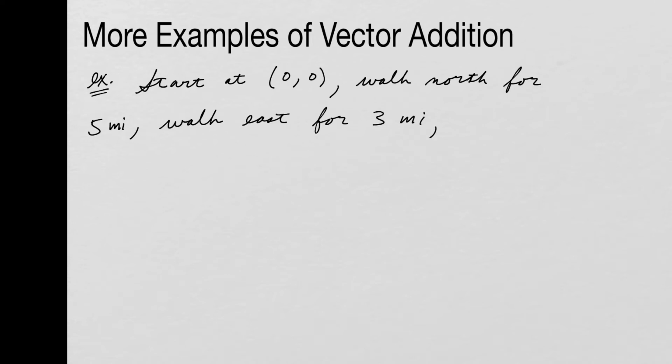And then finally, they walk 70 degrees, I'm going to write it as south of west. So they turn at an angle of 70 degrees south of west, and they walk along that line for 2 miles. And the question is, what is their net displacement or total displacement?